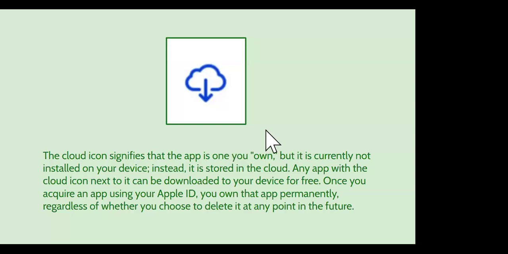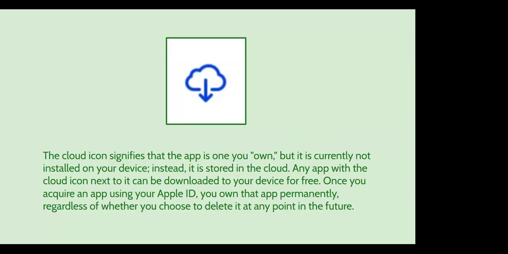So here's the answer. If you are in the App Store and you are browsing applications, and you see that one of the applications you are browsing has this cloud, it signifies that the app is one you already own, but at some point you uninstalled that application. However, even when that application was uninstalled from your device, it is safe and stored in the cloud system, right?